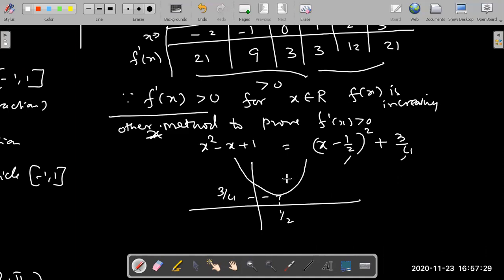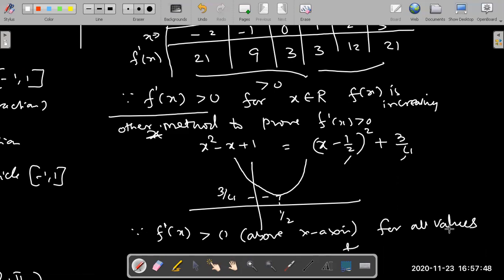So since the graph is above the x-axis, f dash x is greater than 0 for all values, so f of x is increasing. That's what we can infer. So that completes the question 17. Sorry, question 18. We have done the 18th question.